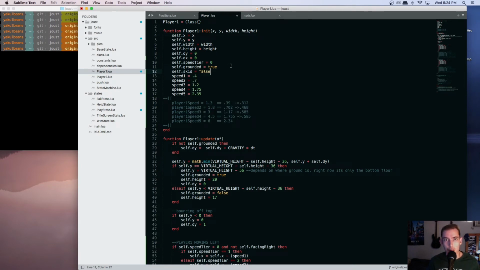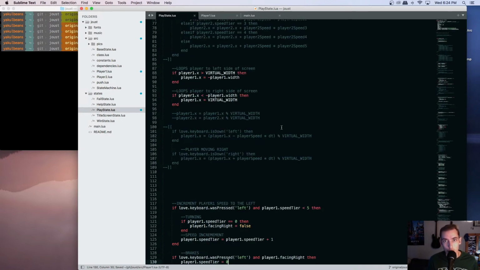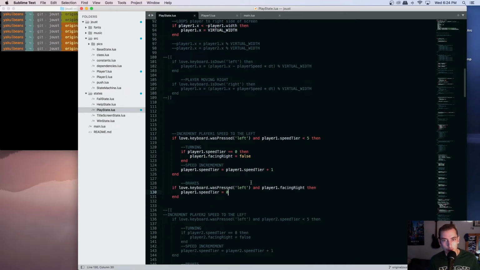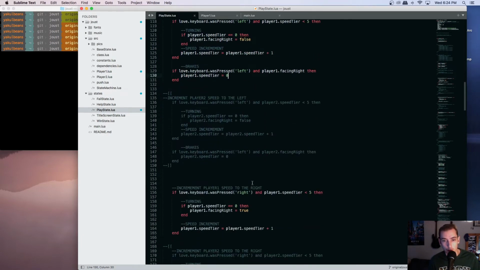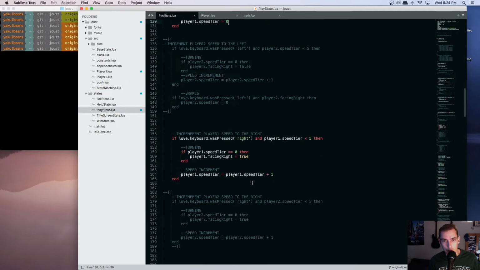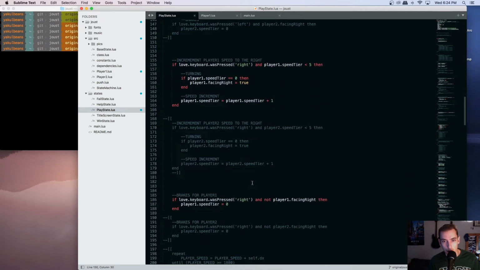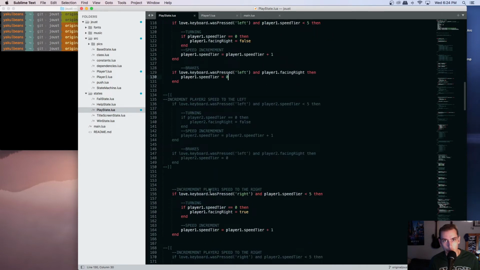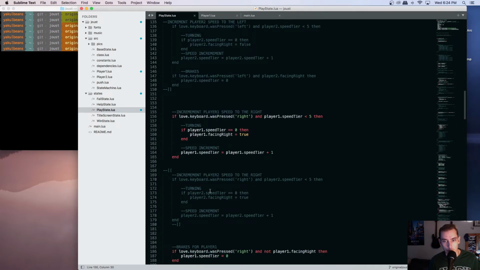I'm going to set a member skid to equal false. At which point I need to say when it's skidding, which is there should be brakes for player 1, brakes left and right.